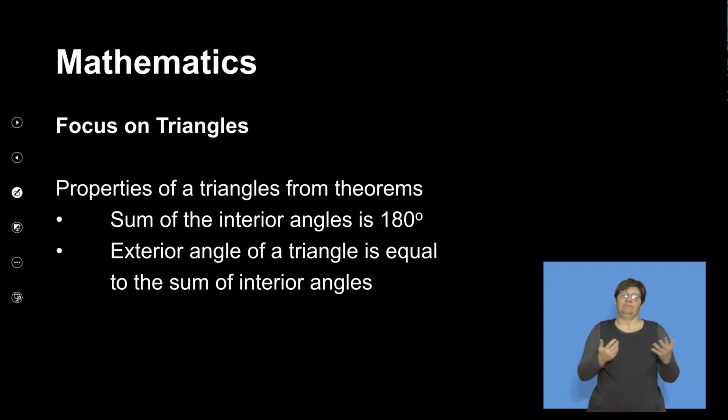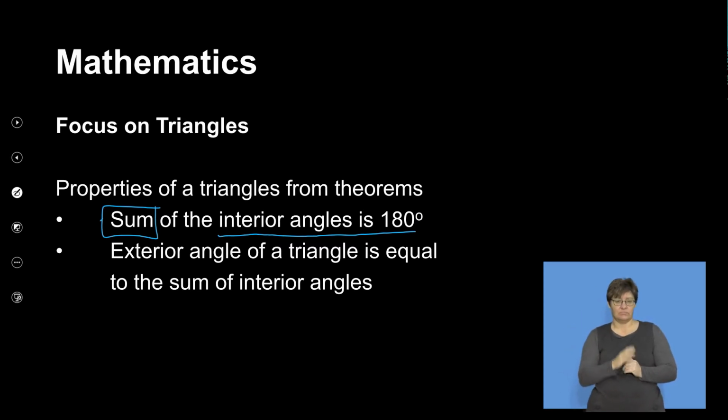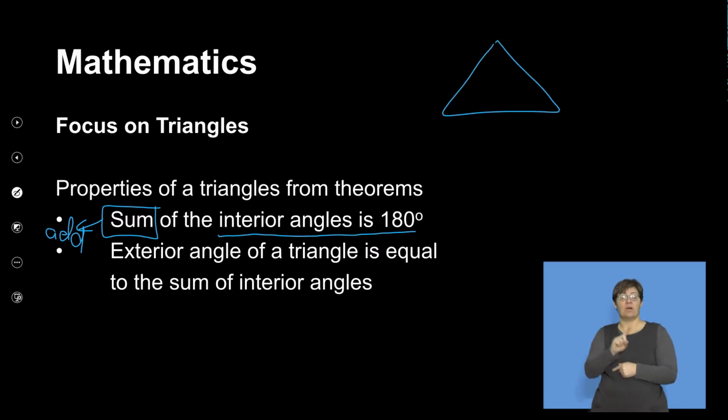Now, properties of a triangle from theorems, we have 2 of them. One is that the sum of all the interior angles of a triangle is 180 degrees. Now, you just need to remember what sum means, right? It means that if I add all my angles in a triangle, they must give me 180 degrees.